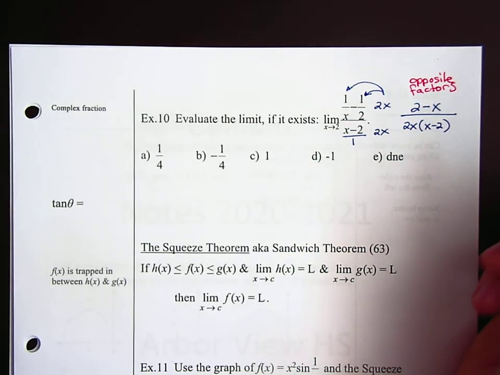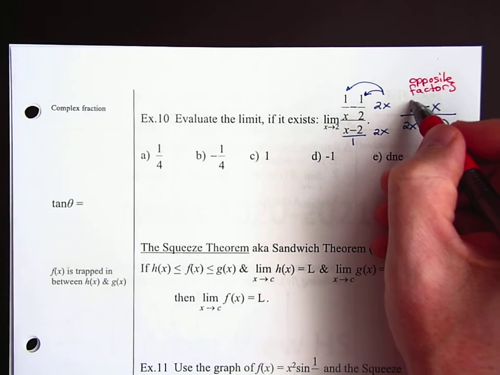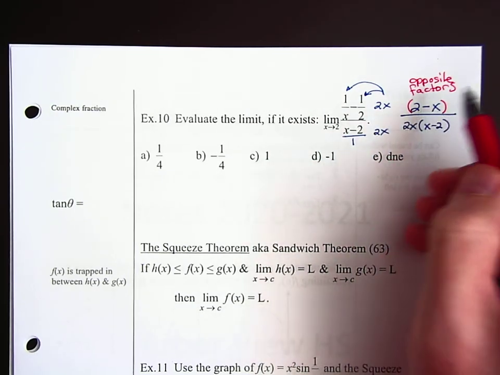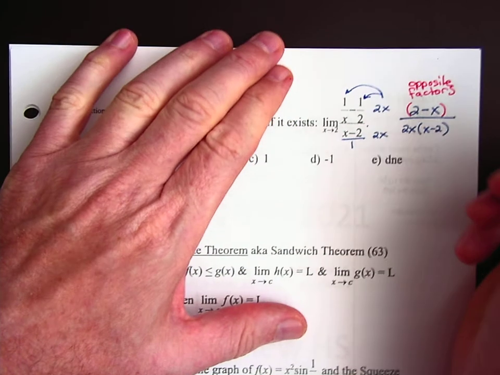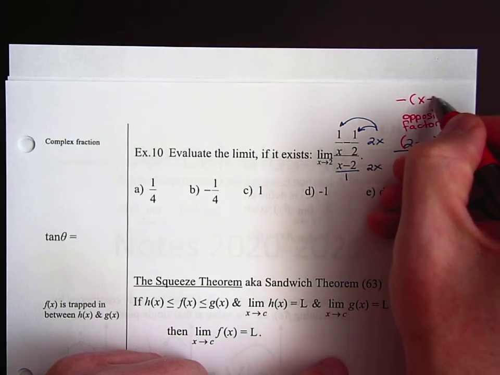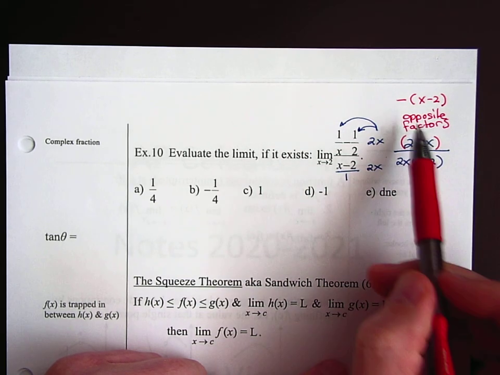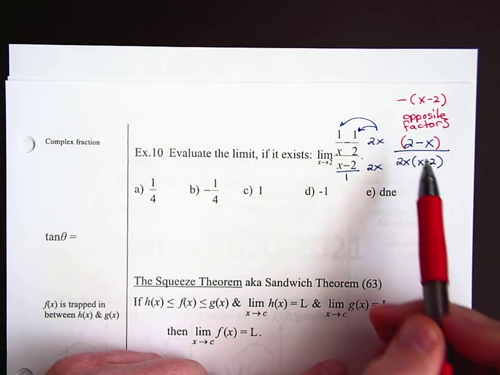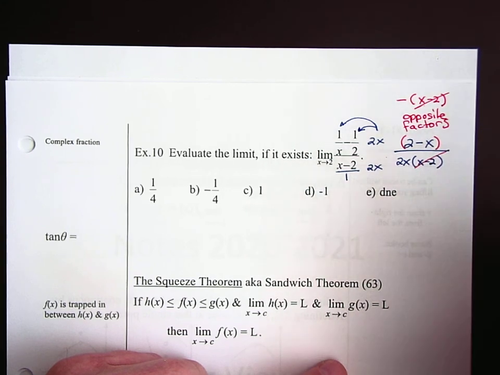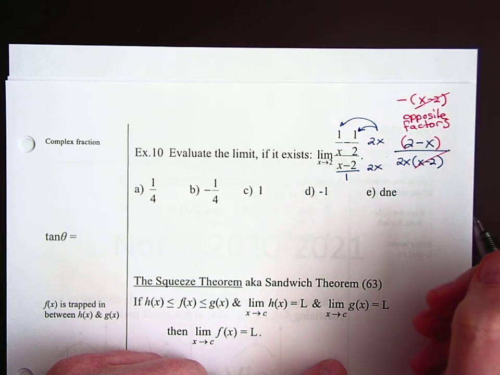So what you want to do there is factor out a negative 1. If you factor out a negative 1, then you can flip that over. So that would be negative x minus 2. If you think about that, that would give you negative x plus 2, which is equivalent to that. Now, those are going to reduce, cancel.